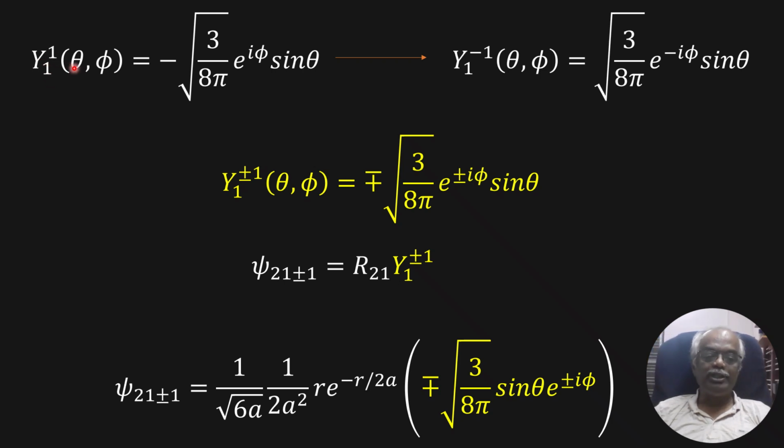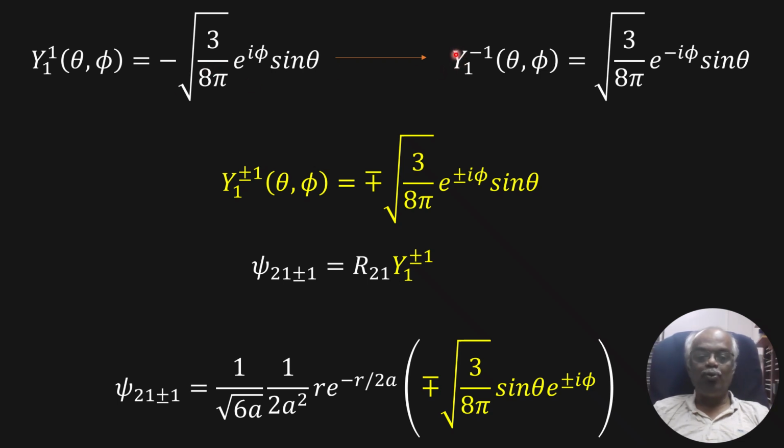So Y11, which is a function of theta and phi, is equal to minus square root of 3 over 8 pi e power i phi sine theta. Remember that here the phi also comes. And for plus 1, it is minus. That also you have to remember. The exponential term is plus.